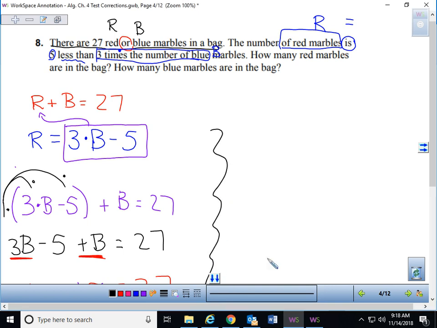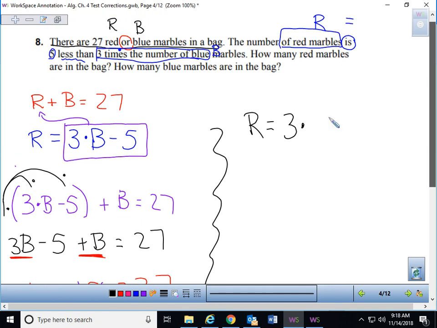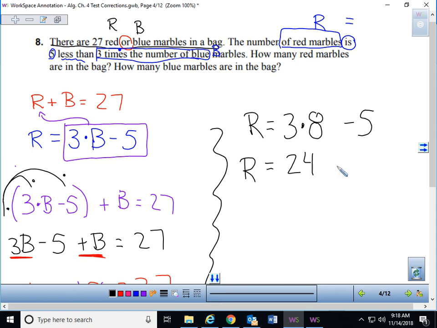So let's do a little squiggle wiggle, and we'll get r, or red, equals 3 times, let's see, what is our blue value? Our blue is 8. So I have 3 times 8 minus 5. Going forward from here, 3 times 8 is 24, minus 5. This tells me my red is 19.